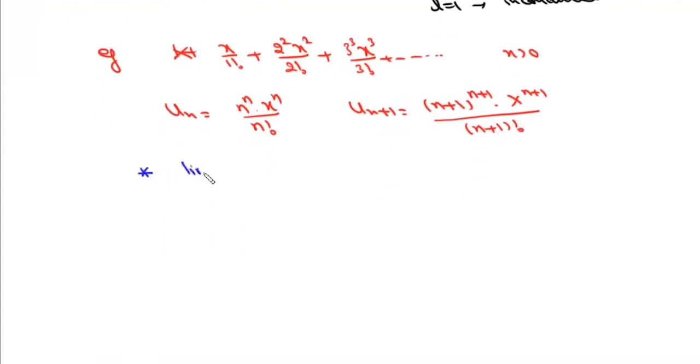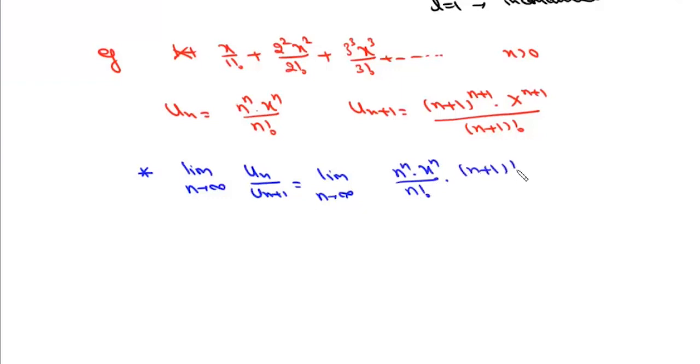So we'll find this limit, n tends to infinity, un upon un+1. So it will be this limit: n tends to infinity, n to the power n x to the power n factorial n, and here will be this (n+1) factorial upon (n+1) to the power n+1 and x to the power n+1.